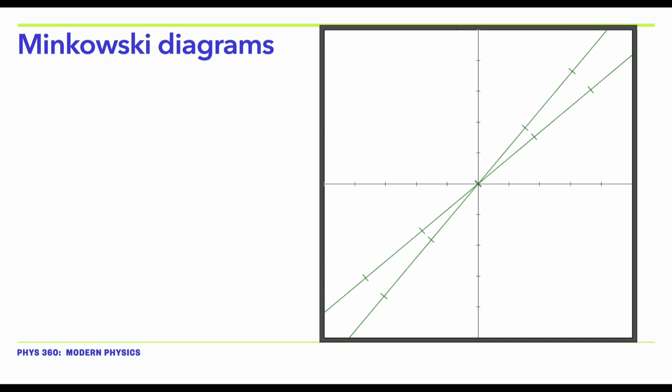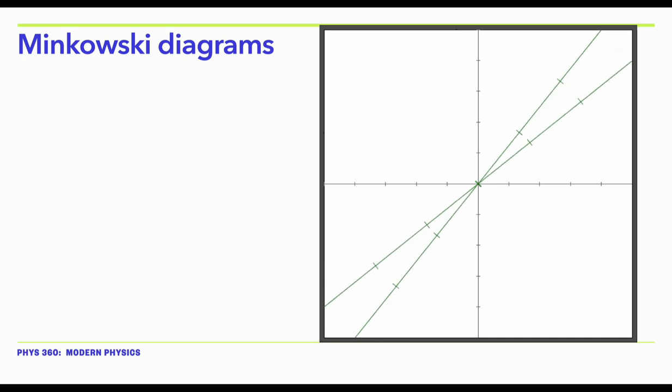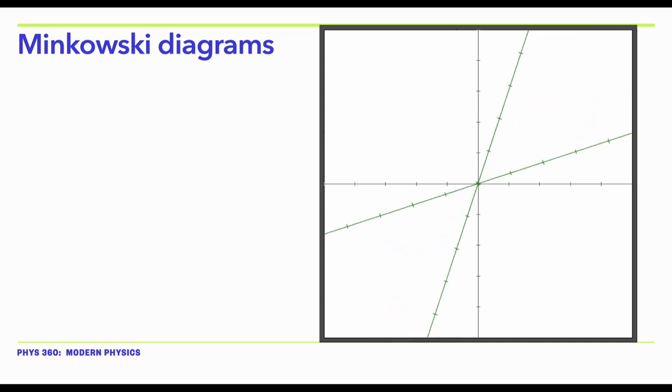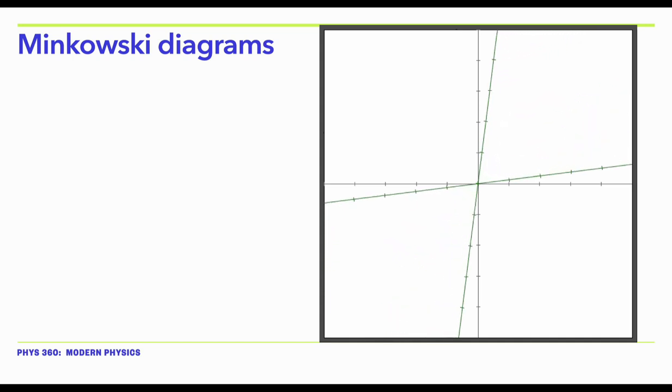The x prime axis and the CT prime axis will be on top of each other along the diagonal. If we reduce the velocity back down to about 0.25, and then back to 0, we see that the primed axes just lie on top of the unprimed axes.